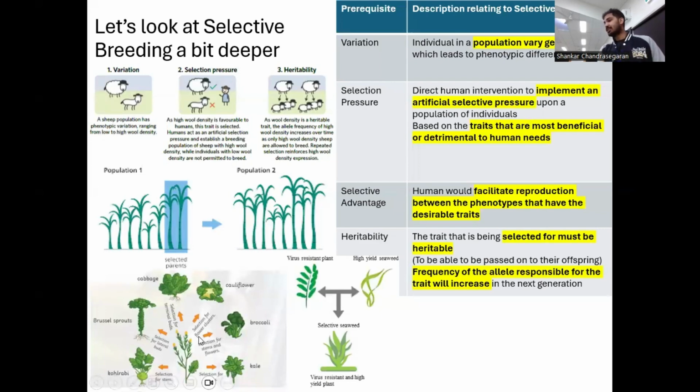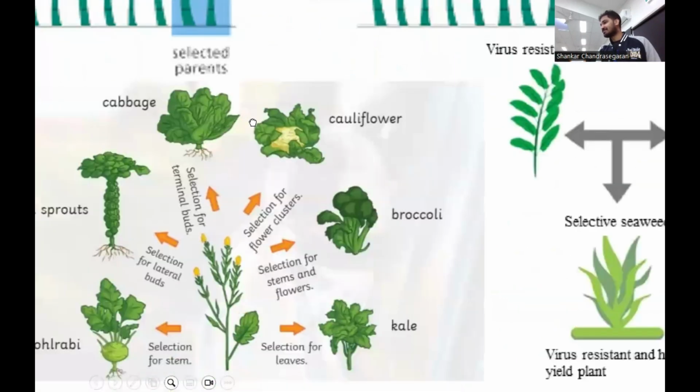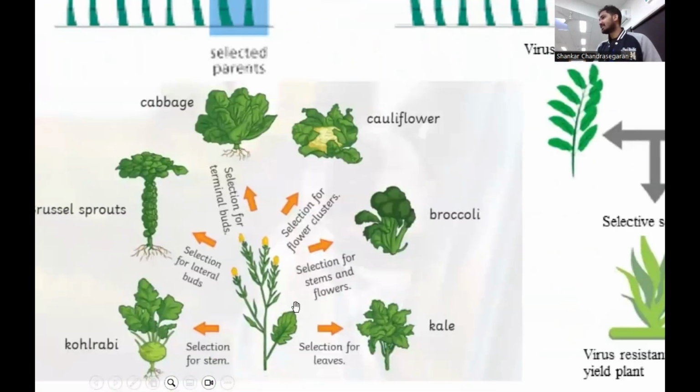For example, here's another one, right? If you guys don't know, all these come from the same source, which was a type of wheat. I forgot what it's called. Over time, we selected for different traits, right? For this one, we were selecting for the stem, looking for the stem that has the highest mass.